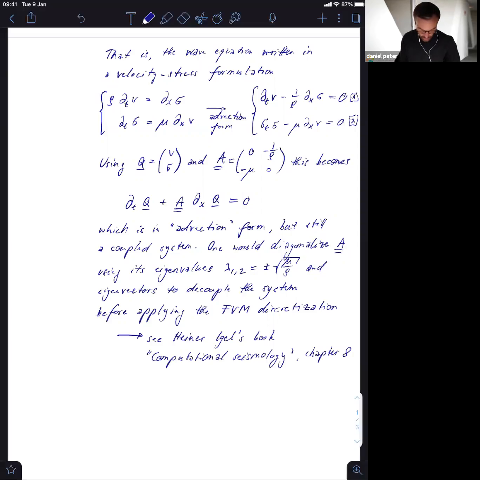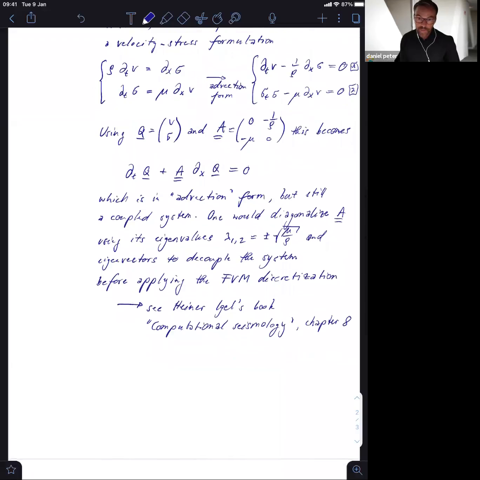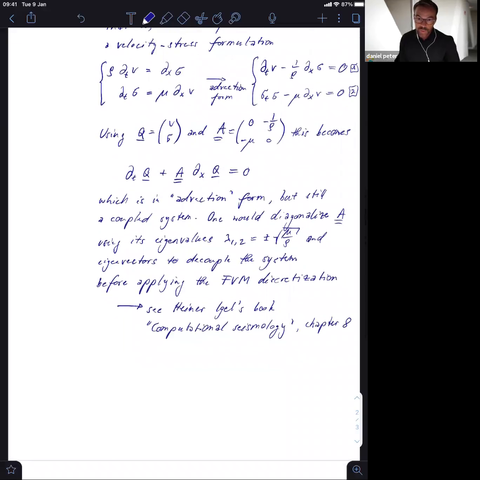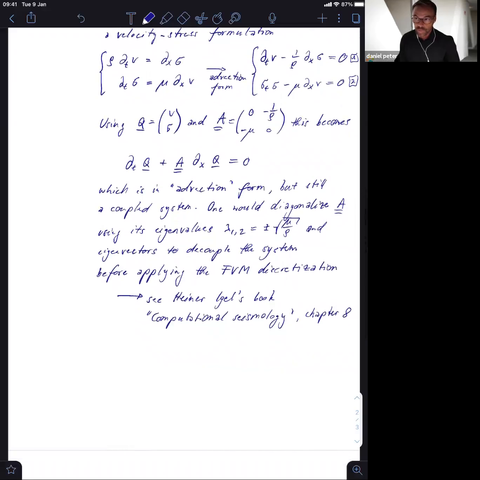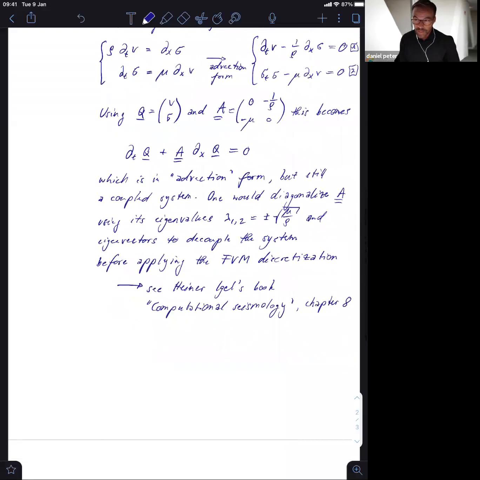Let me just mention two points here for the approach that he's doing for the wave equation. We saw, for example, these upwinding schemes that you could use to interpolate the fluxes at the cell faces. Unfortunately, upwinding is not very accurate and not that well suited for the wave equation problem.